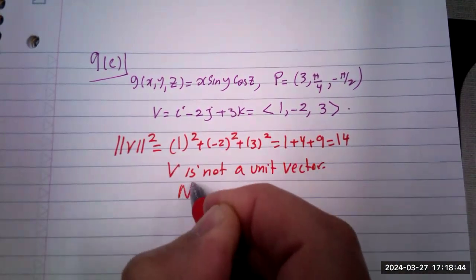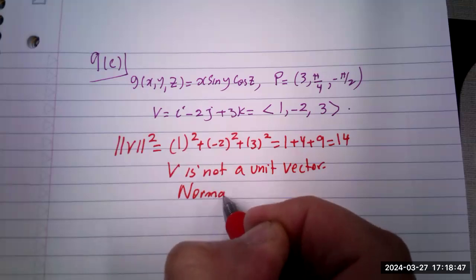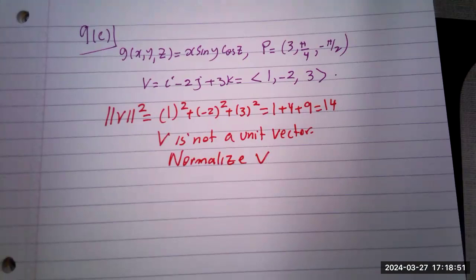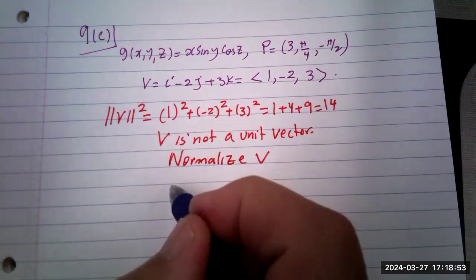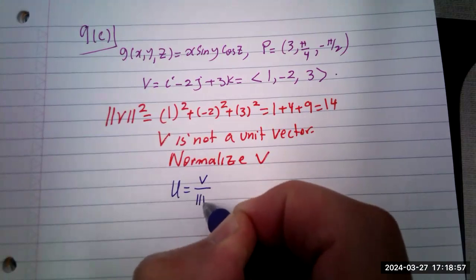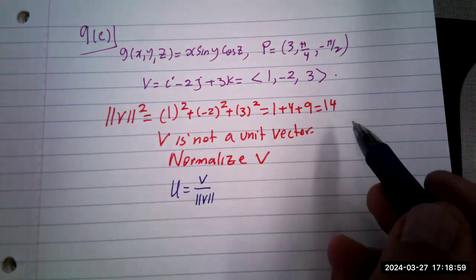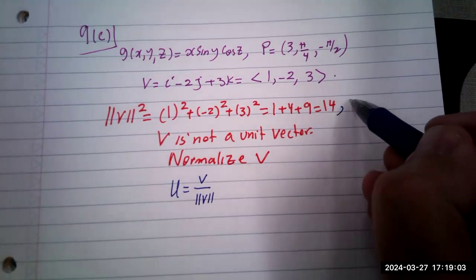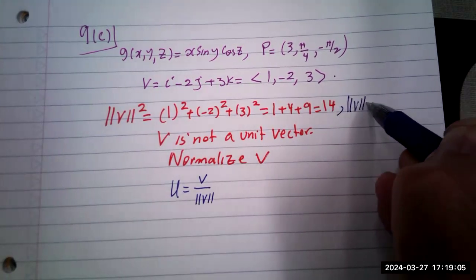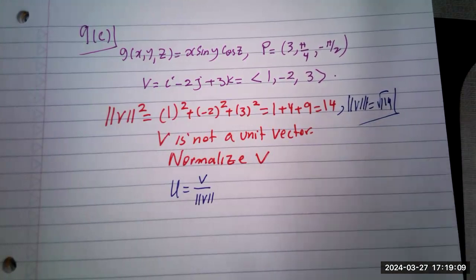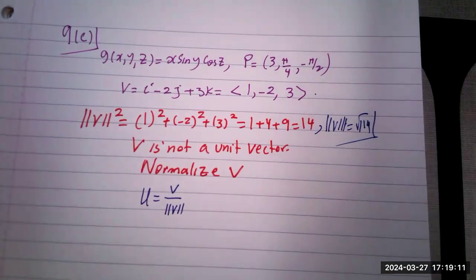Quickly normalize it. We normalize v, so you introduce u to be equal to v over its norm. What's the norm? The norm of v would be radical 14, because the norm squared is 14.